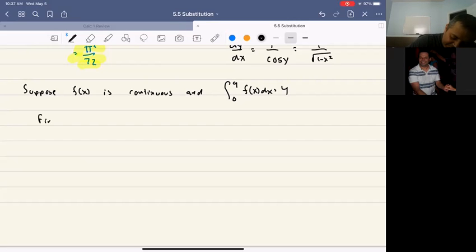Find the integral from 0 to 3 of x f of x squared dx.